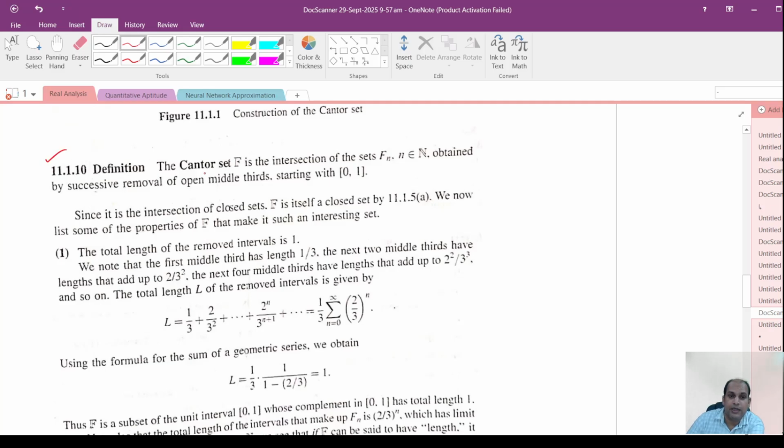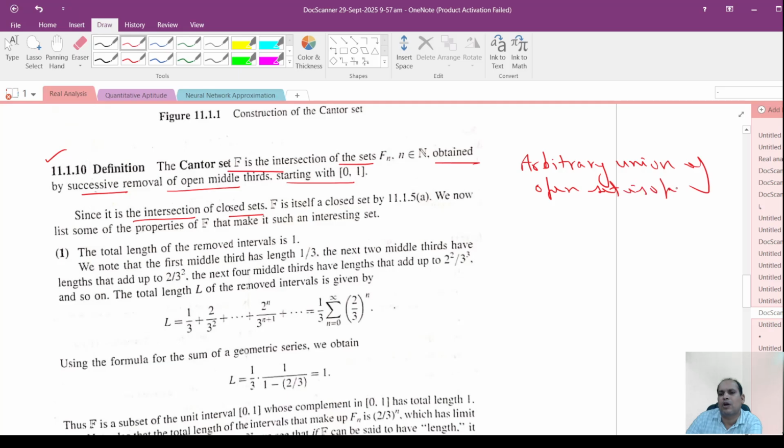So, the Cantor set F is the intersection of the sets Fn obtained by successive removal of the open middle third starting with [0, 1]. Since it is the intersection of closed sets, and we know that an arbitrary union of open sets is open, take its complement using De Morgan's law.